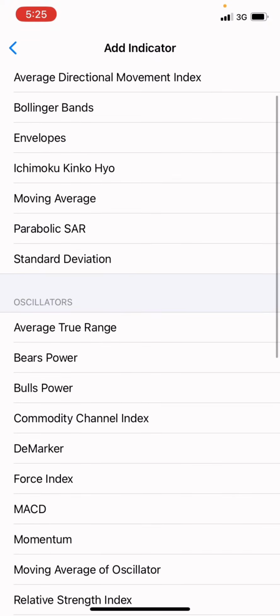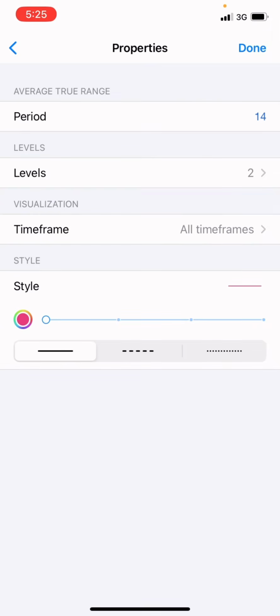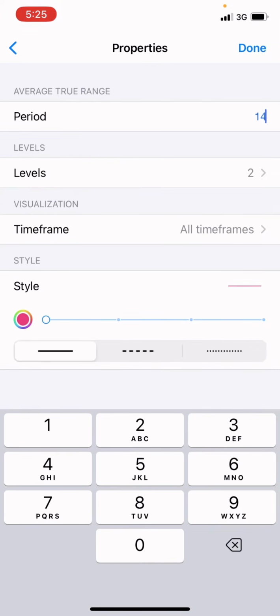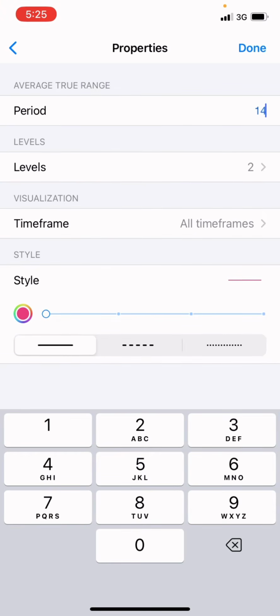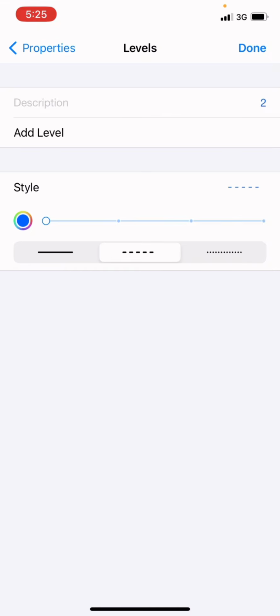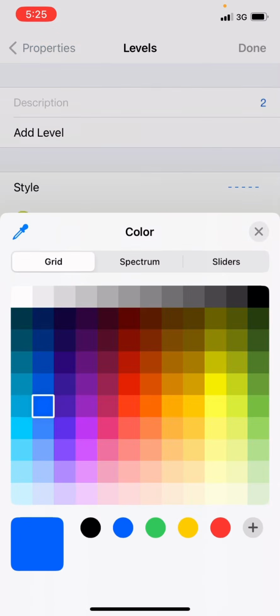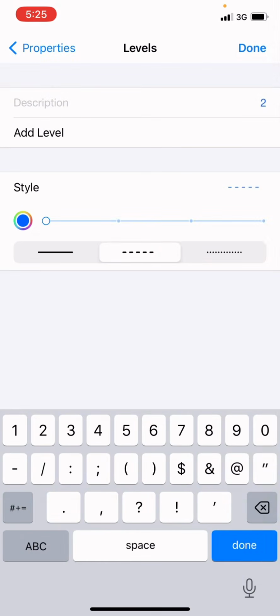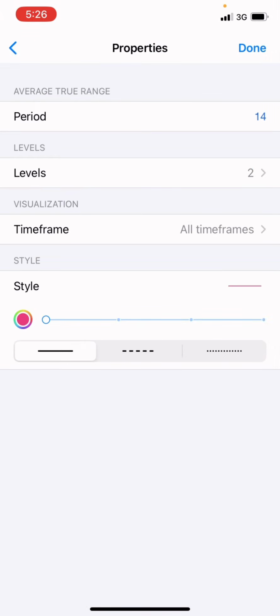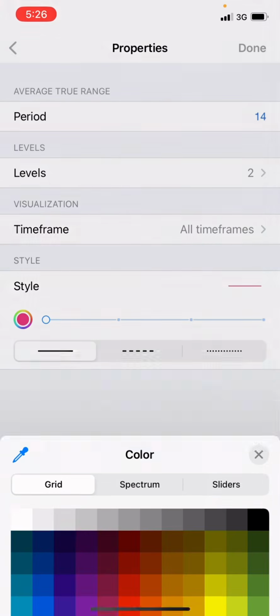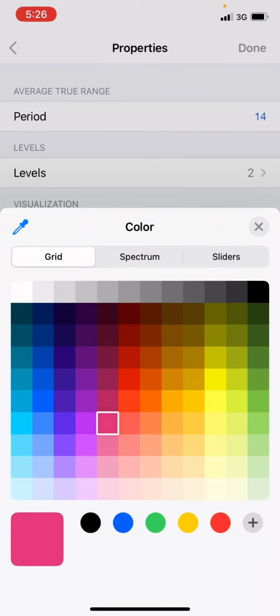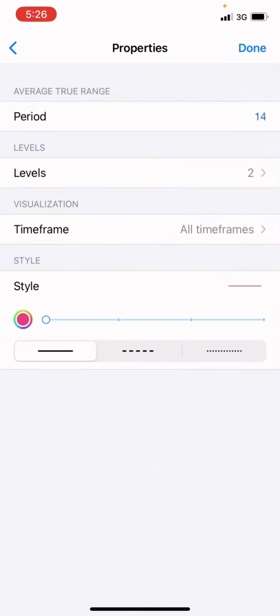Set it to default with the period at 14. Then set the levels to 2, the style to 1 pixel, and the color to blue, then click done. For this other style, set it to red or a brownish color, then click done.